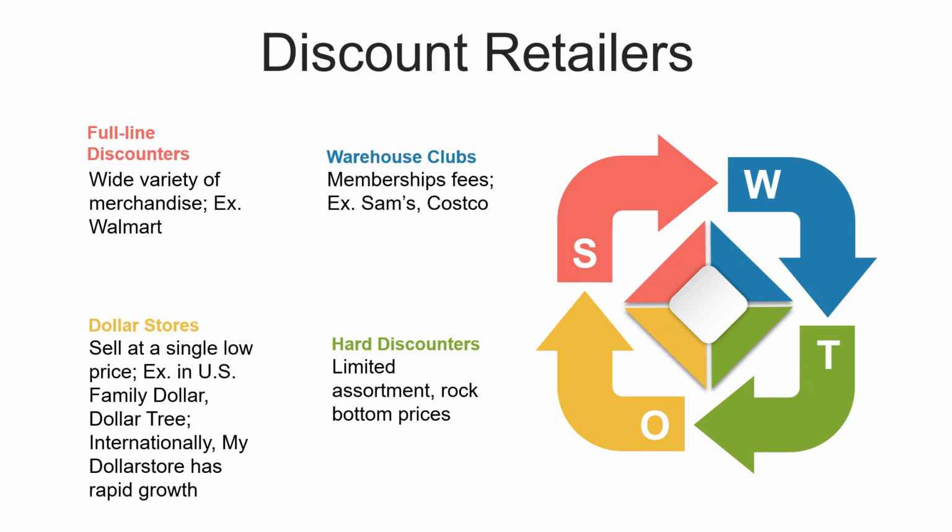These discounters offer a limited assortment of goods, typically 1,000 to 3,000 different items at rock bottom prices. Starting in 1976, Aldi began opening a new store each year in the United States, while Aldi also owns Trader Joe's neighborhood grocery chain.